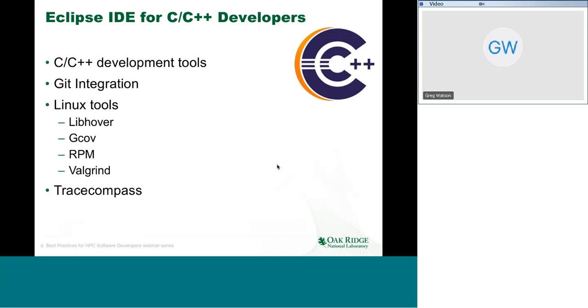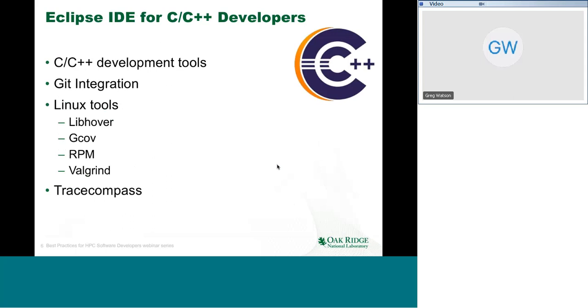So the Eclipse IDE for C and C++ developers contains a range of tools specifically for C and C++ development. So things like editors that understand the language, build support, tool chain support, and various other things.